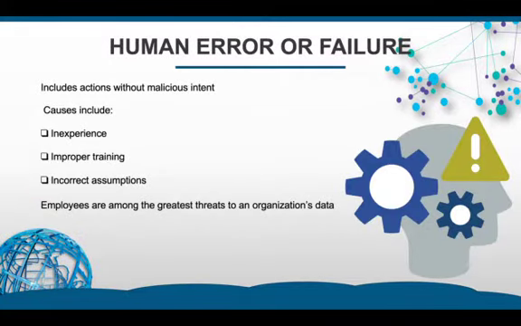Now, for the human error. Human error actually includes things like inexperience, improper training, and incorrect assumptions. Sometimes when you join an organization as a new employee, you are given training. First of all, you sign agreements.